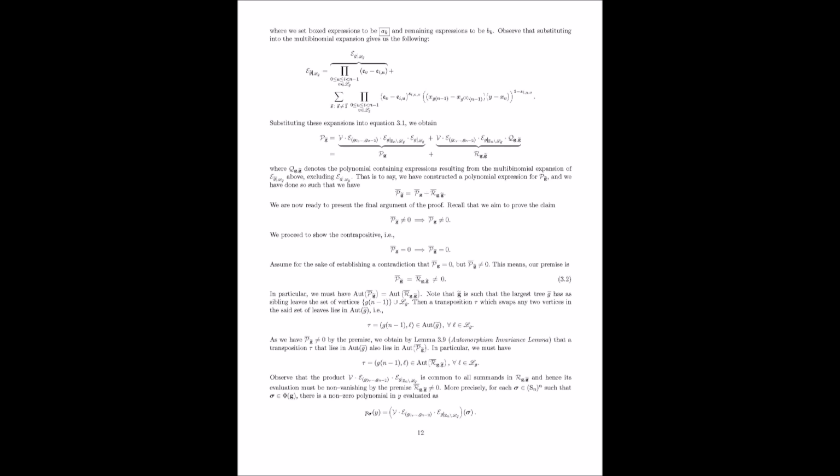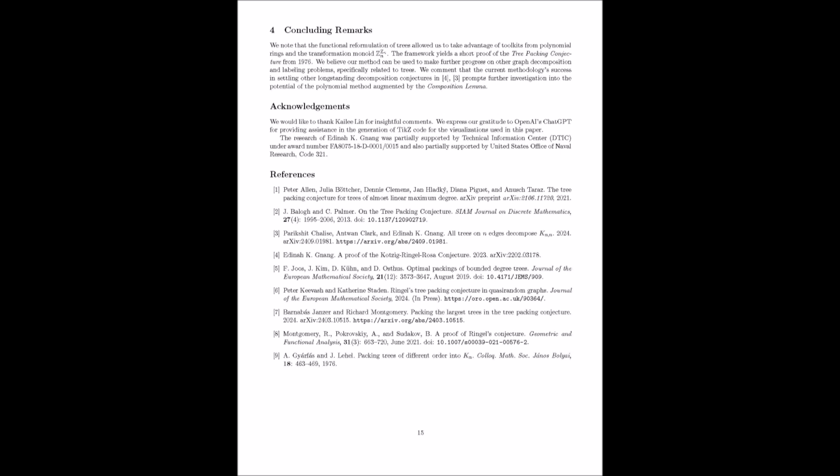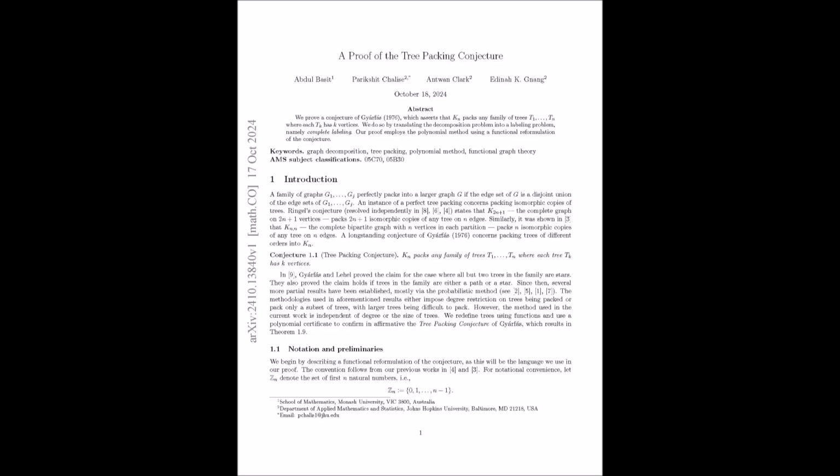And the really cool part is that by making a series of these allowed moves, we can transform any set of n trees that fits our criteria into those nice, simple, star-shaped trees. And since we already know that star-shaped trees can always be packed, we've proven that the original trees must be packable too. It's like this chain of logic, each link held together by the non-zero-ness of our trusty polynomial. A beautiful way to think about it. And that, in essence, is how they finally cracked the tree packing conjecture after all these years.